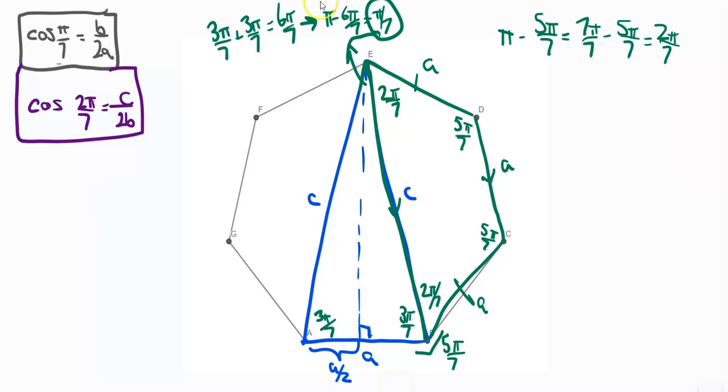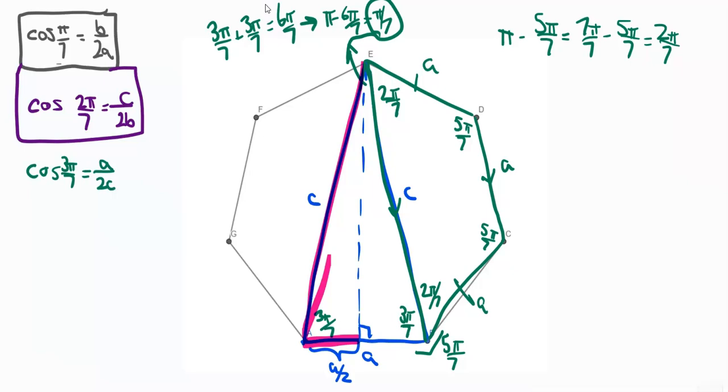So what happens is we're going to do A over 2 as the adjacent side and C as the hypotenuse. So therefore, the cosine relationship for 3 pi over 7 is equal to A over 2C.